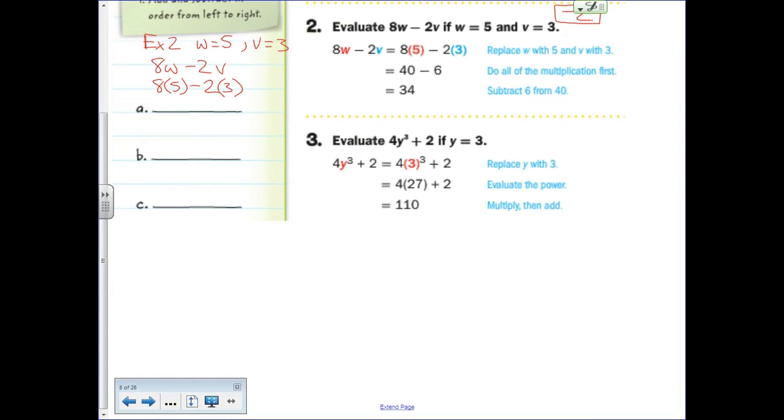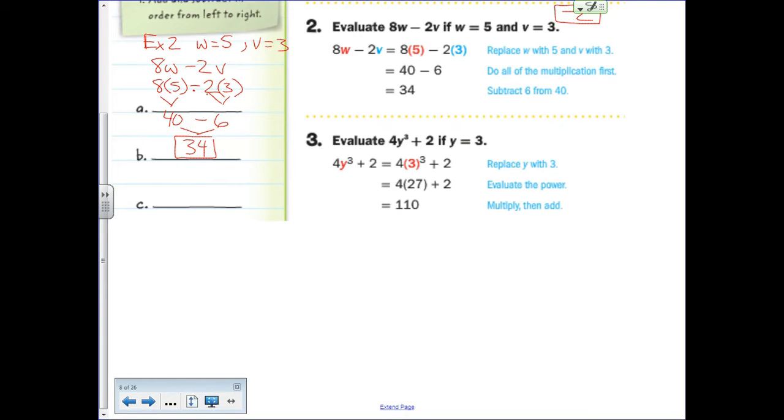You will want to take 8 times 5 and get 40. -2 times 3 and get -6. Notice how I attach that negative sign to the 2? You need to get in the habit of doing that, because if there were a negative inside of this parenthesis, we would want to have a positive here. So make sure you're attaching this sign right here, to its number. 40 minus 6 is 34.